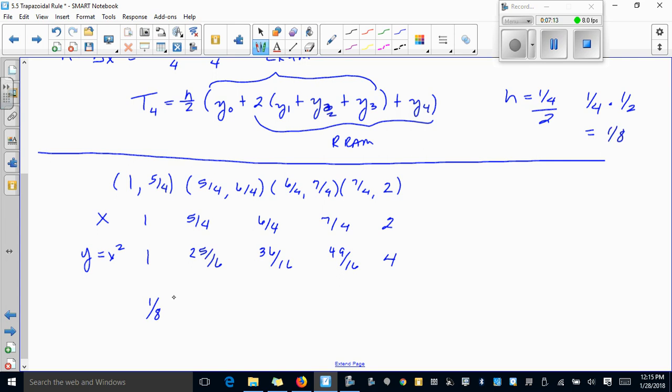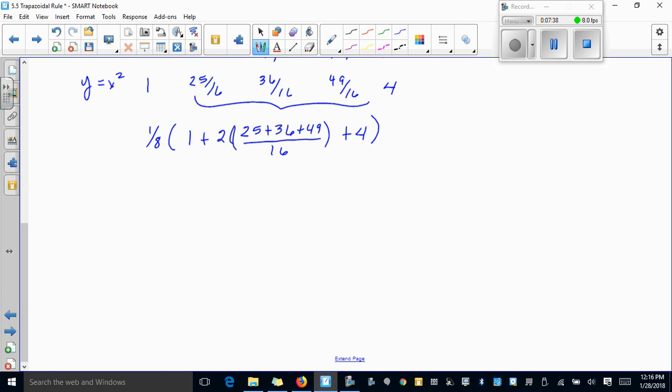parentheses, 1 plus 2 times all of these values. So 25 plus 36 plus 49 all over 16. See why I left all my denominators the same? Plus 4. Okay, we just continue doing the math at this point.